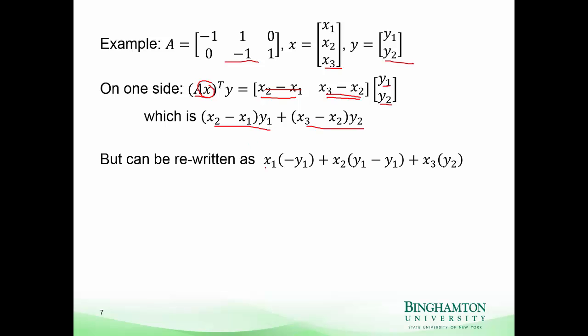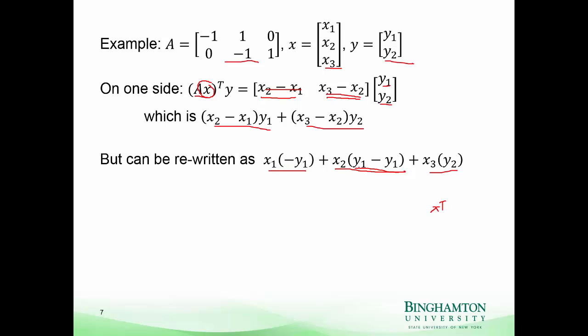That can be rewritten by getting all the x1s together, all the x2s together, and all the x3s together. There's all the x1s together, and there's really only one of them. Here's all the x2s together, and we come up with a common thing that multiplies x2, and then we've got our x3 term. Well, that looks like setting up the x transpose, right?